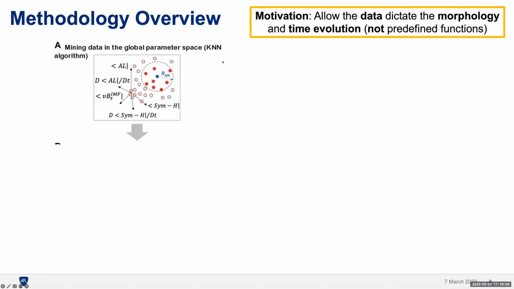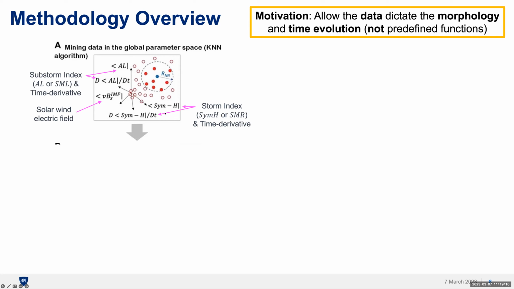We use the K nearest neighbor approach to subset a small portion of the entire database by assuming that we can characterize the state of the magnetosphere using substorm indices, storm indices, the solar wind electric field parameter, and the derivatives of the indices. That's really important to capture the state of the magnetosphere.